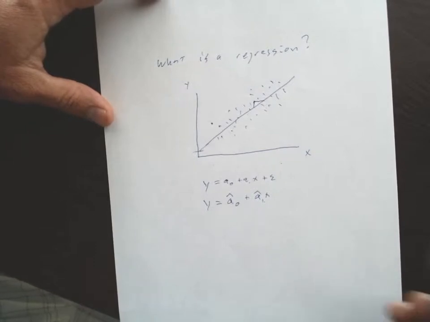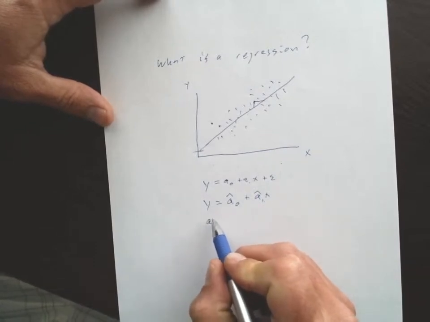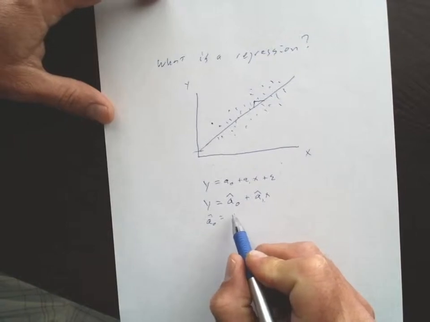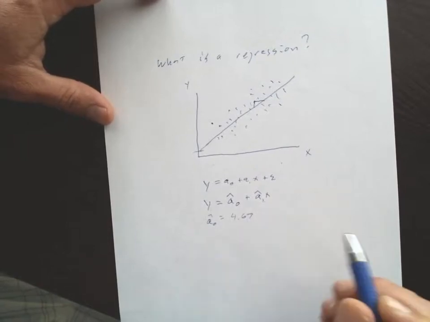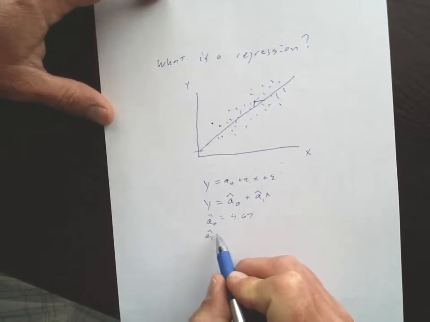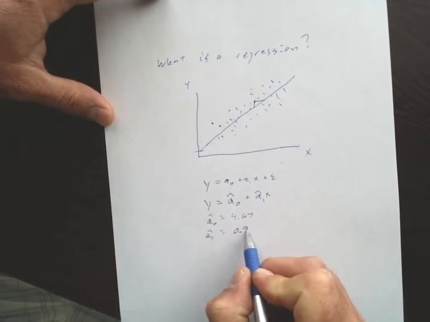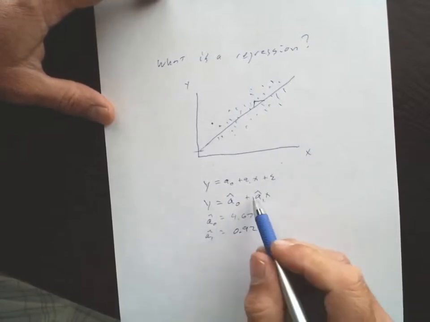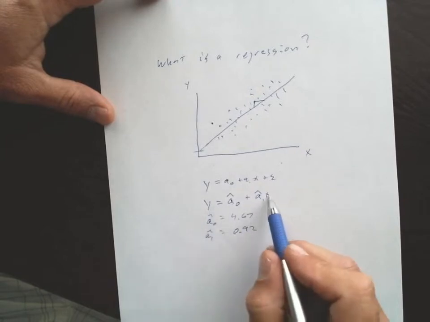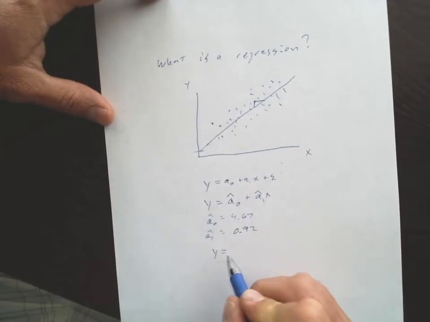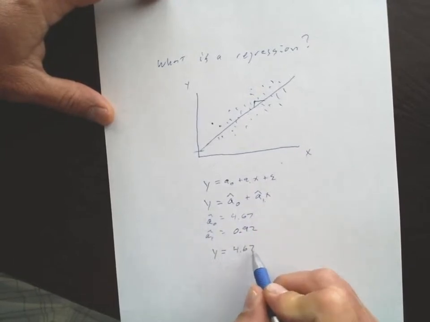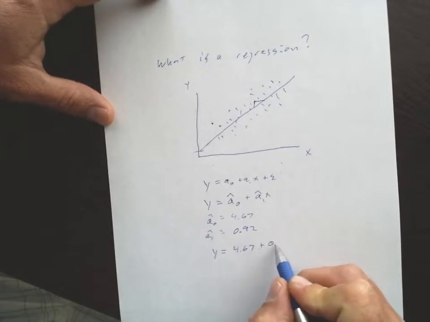So you can imagine A0 hat equals, I don't know, 4.67. A1 hat equals 0.92. Okay, we can rewrite that estimated function as y equals 4.67 plus 0.92x.